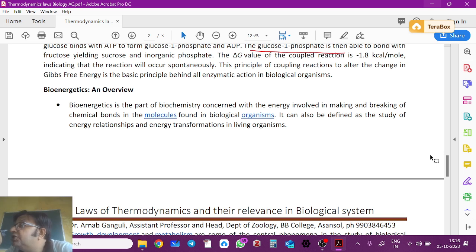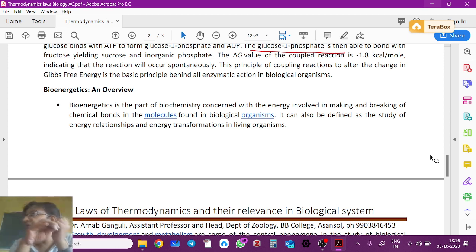So in these reactions, they are taking energy, but energy is lost from ATP. So both exergonic and endergonic reactions take place together in a biological system. All biochemical reactions are metabolically coupled. ATP hydrolysis happens because of a small change in energy. Activation energy is given. There is an enzyme which lowers that activation energy.